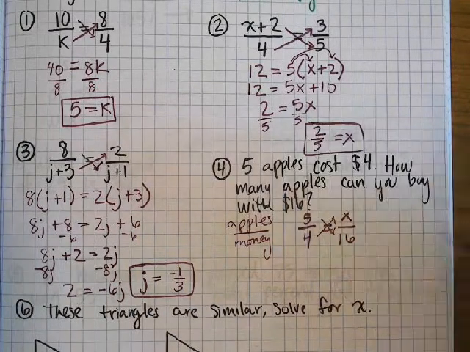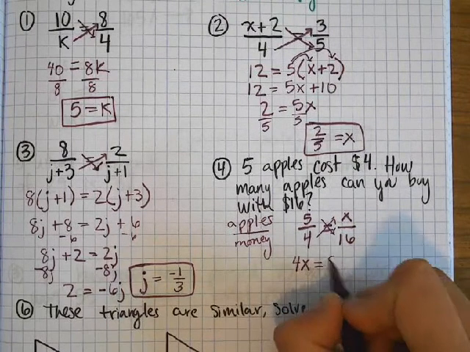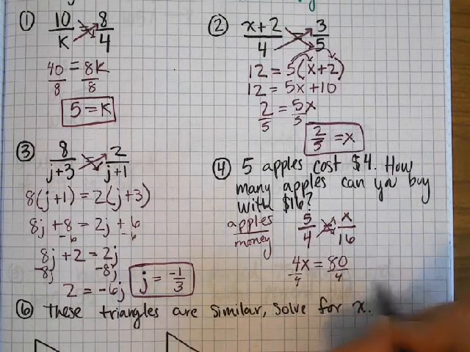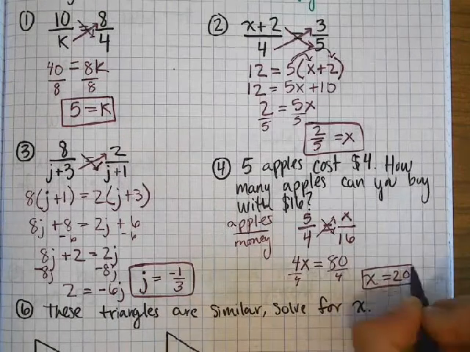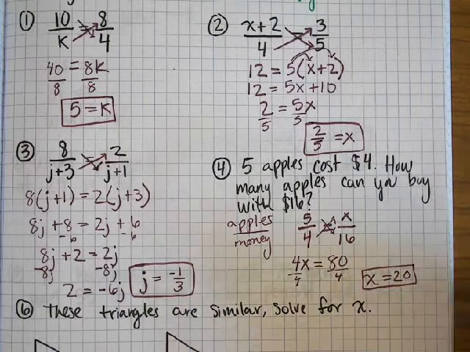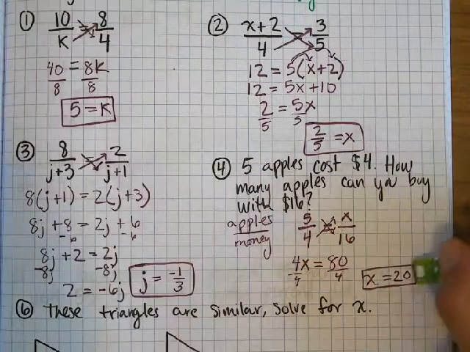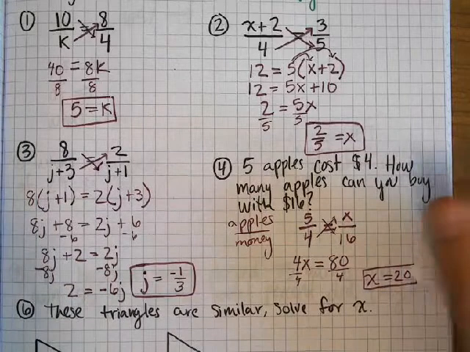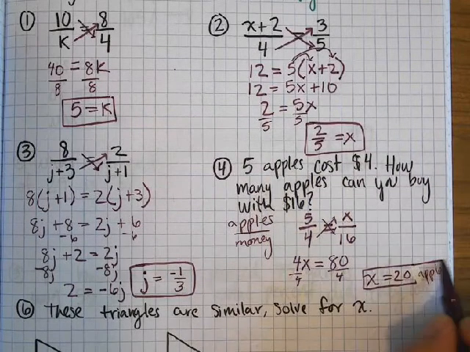Okay, then we can go ahead and we can cross multiply. So I've got 4x equals 80, divide by 4, and x equals 20. So I can buy 20 apples. Let's go ahead and put a label here with this. I have 20 apples.